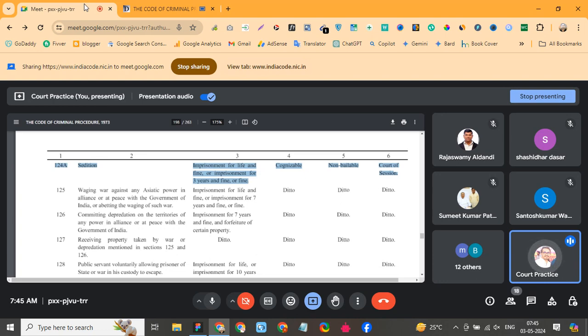What is the definition of this section? Shashidhar ji, what is the definition of section 124A according to any FIR?